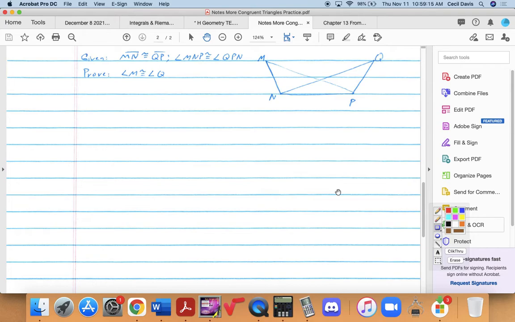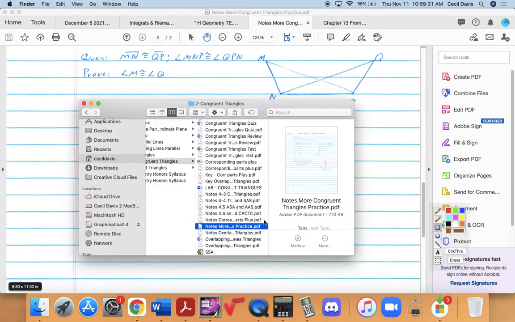No, the sine is one of the trigonometric ratios, and tangent is as well. We'll learn about those later. Mr. Davis, let me get this open, and we'll go ahead and get started. How do you say it?